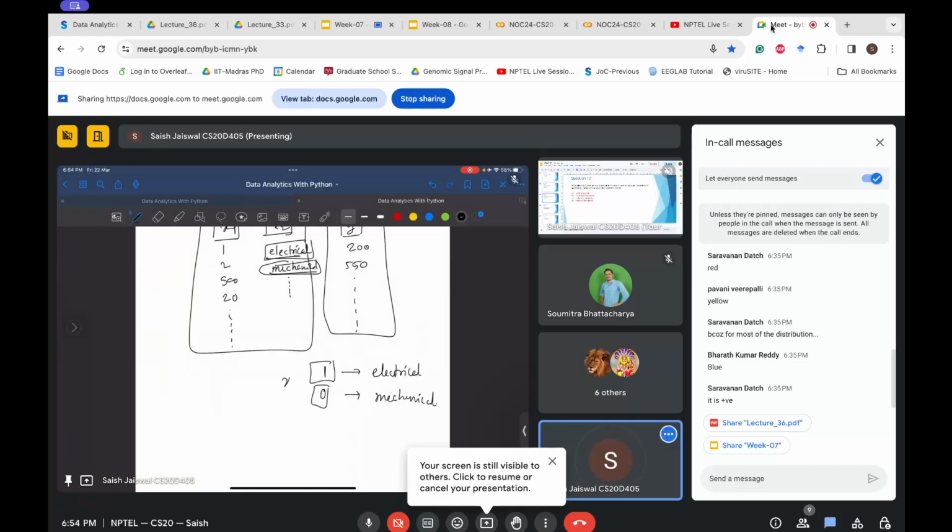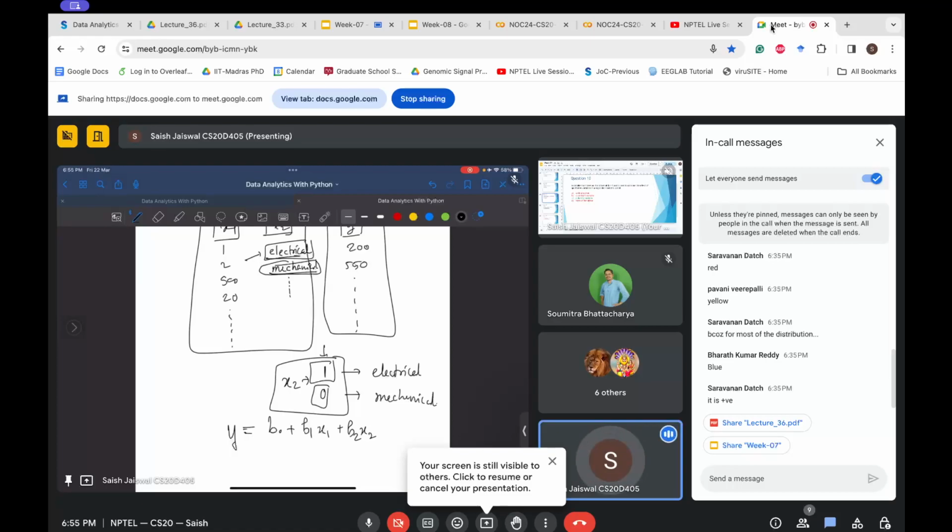Now I have converted this to a numerical value, and then I can fit a regression model on top of this particular data. This variable is called a dummy variable, because you are replacing the categorical variable with these zeros and ones.